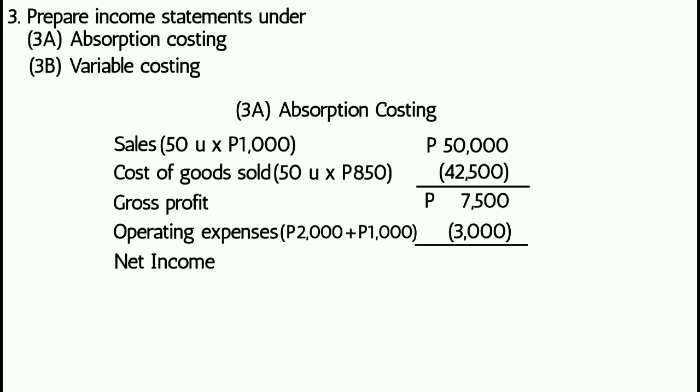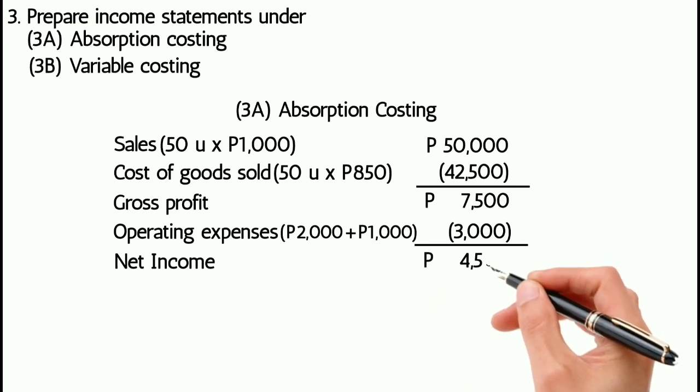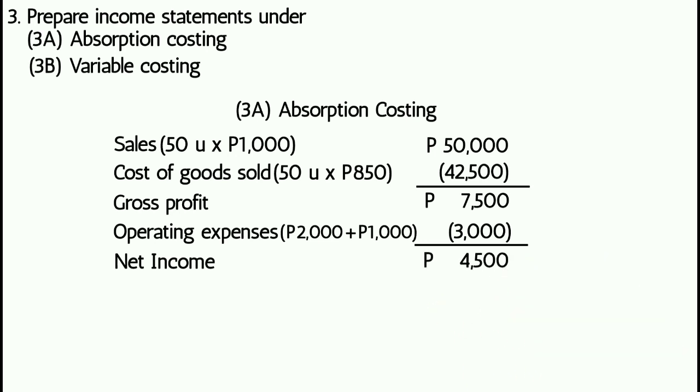So, ang net income under absorption costing ay 4,500 pesos. That is computed by deducting 3,000 pesos from 7,500 pesos.